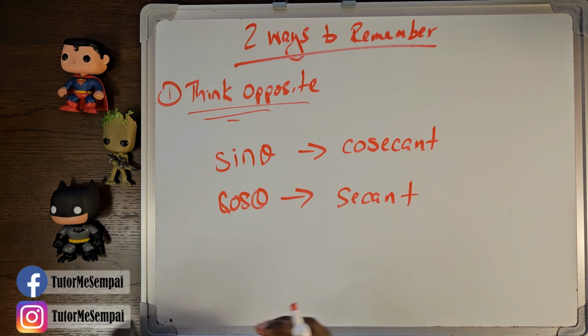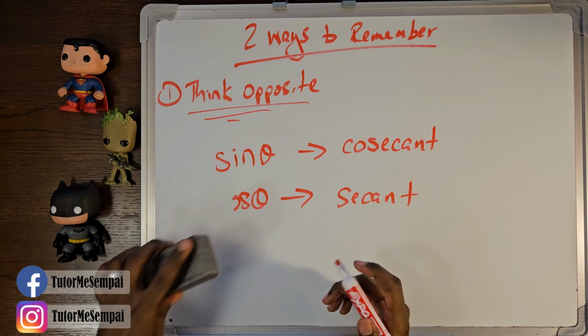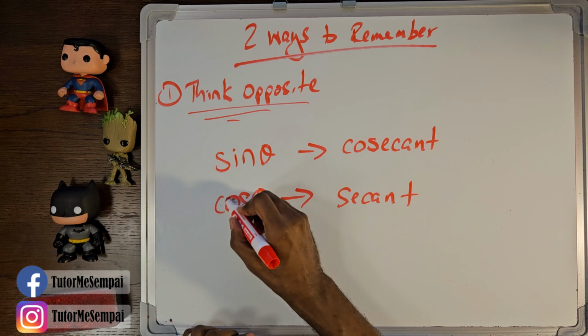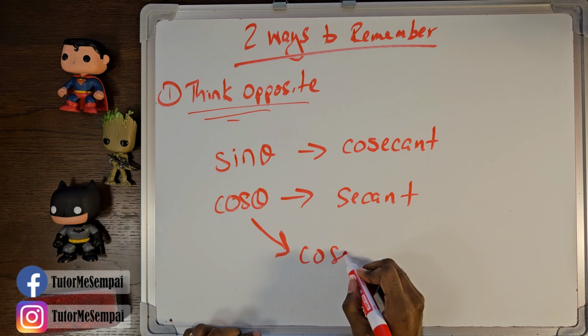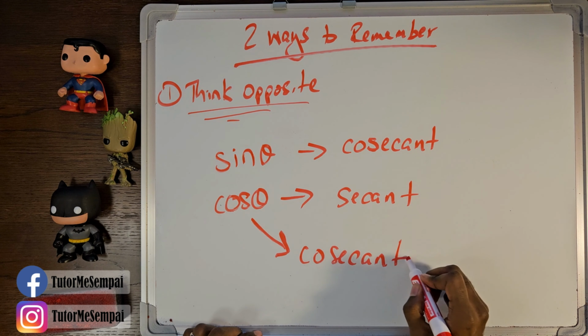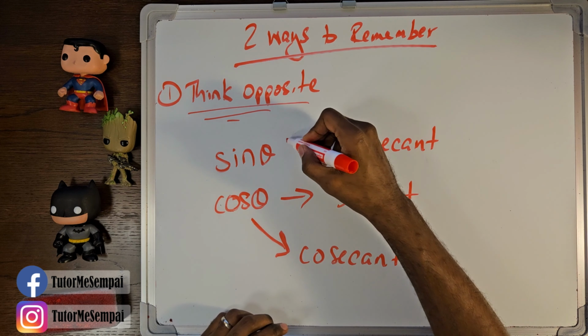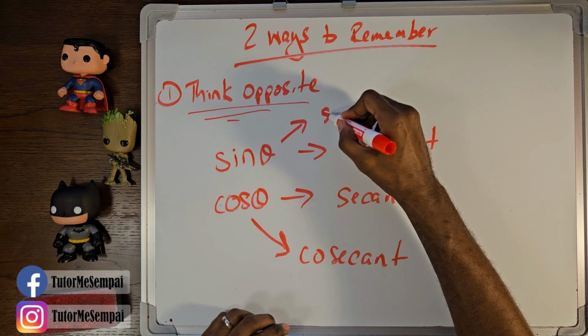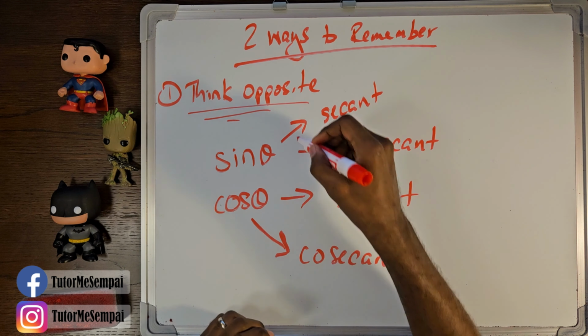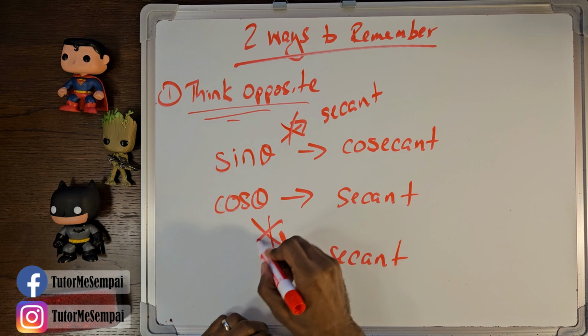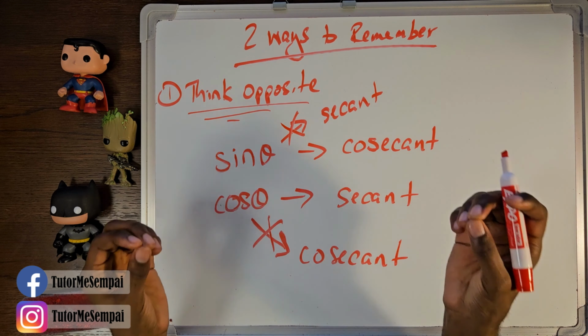But you may be inclined to try to do cosine to cosecant because of the cos, and the sine to secant because of the s there. You may be inclined to do that, but I want you to think opposite.